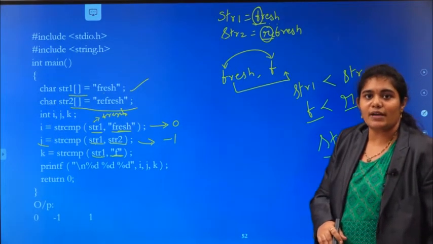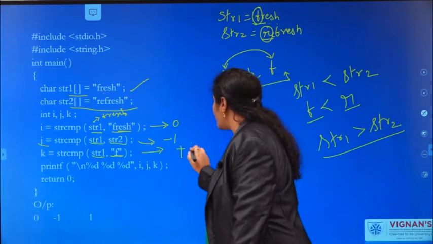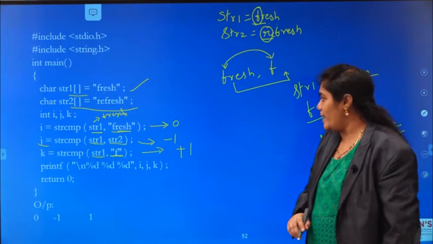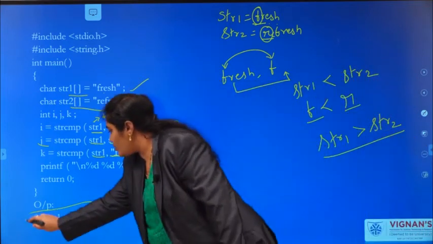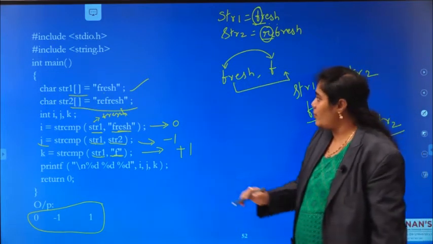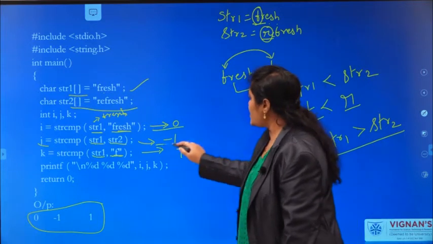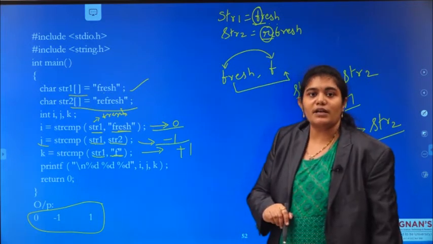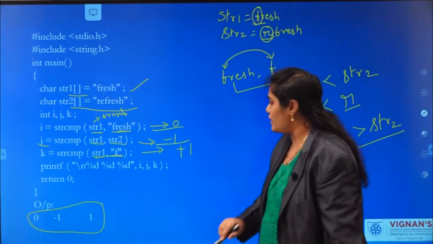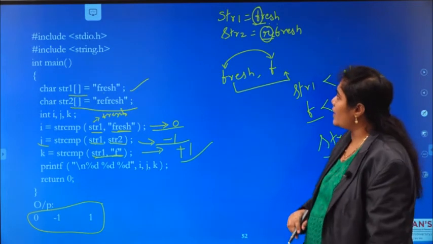If the string str1 is greater than str2, it will return a positive value, +1. See, these are the outputs we have: 0, -1 and 1. If both strings are equal, it will return 0. If the first string is less than the second string, it will return -1. If the first string is greater than the second string, it will return +1.